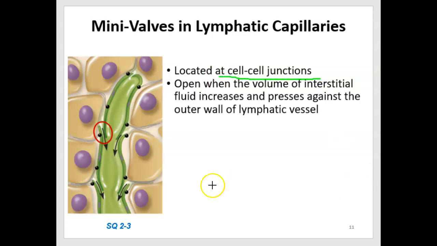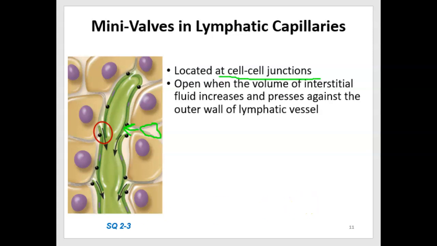And they open when the volume of interstitial fluid increases. So if there's a lot of fluid buildup in between tissue cells, that puts pressure against the outside of the lymphatic capillary, and there's another mechanism involved, but it causes these mini valves to open.